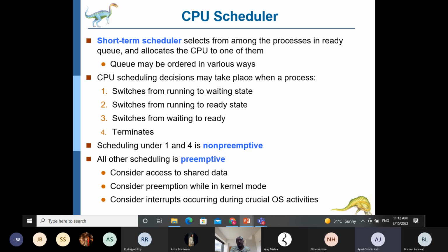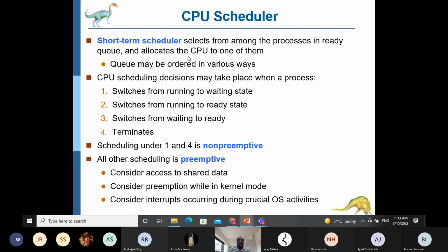If you can optimize the CPU, that means keep the CPU busy all the time by executing the various processes, then automatically the efficiency of the system and lots of other parameters will improve. For example, the throughput will improve, meaning lots of programs will be executed in a given amount of time, and you can see progress in several programs. So for all these things, the crucial resource that needs to be optimized is the CPU.